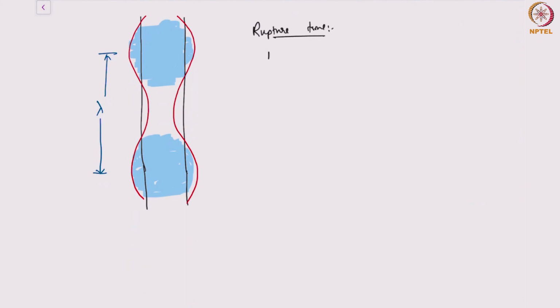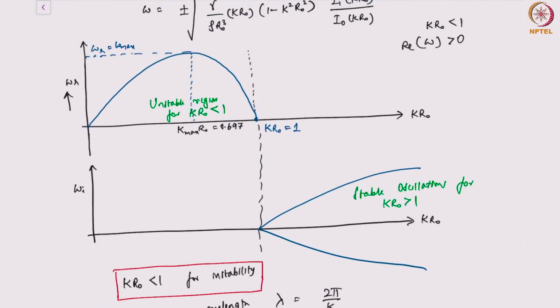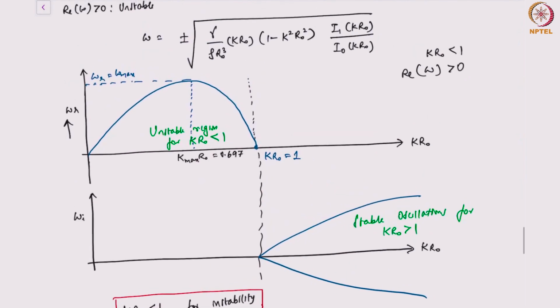Rupture time would be something like the growth rate. And if I told you the value of where the maximum occurs, once you substitute the value of kr naught equal to 0.697, you can also get the value of the growth rate.